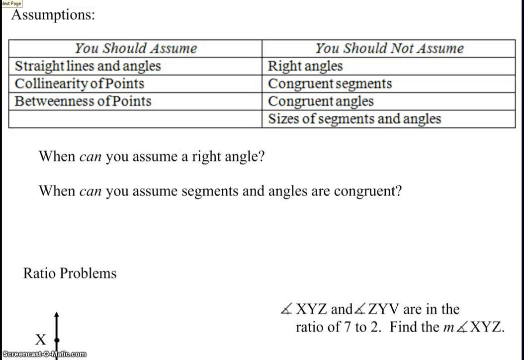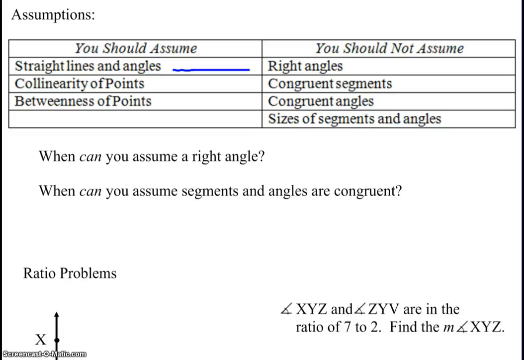Cool. Assumptions. There's a lot of things in geometry you cannot assume. There's a couple of things that you are allowed to assume, but for the most part, there's a whole lot of things that you are not allowed to assume. Some things that you can assume: you can assume straight lines and angles. If I draw a picture like this, I'm not trying to fool you and say that was actually 179 degrees. No, really, that is 180 degrees. That's really one single straight line.